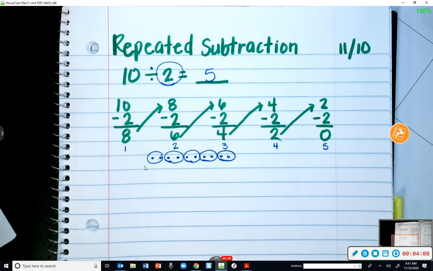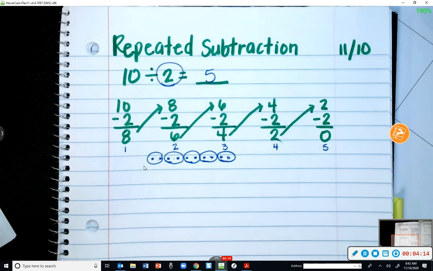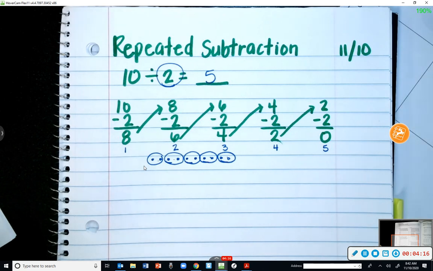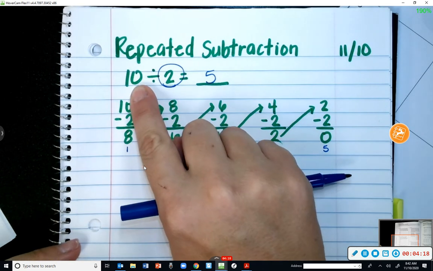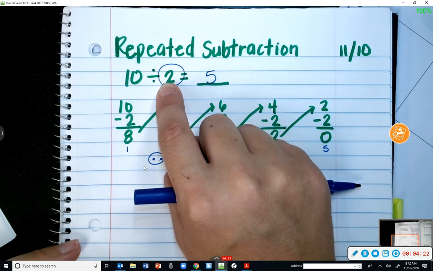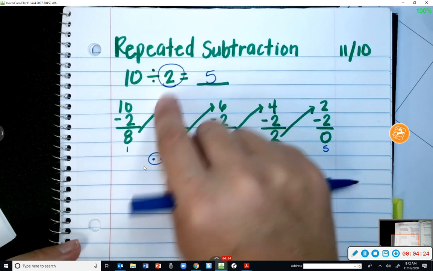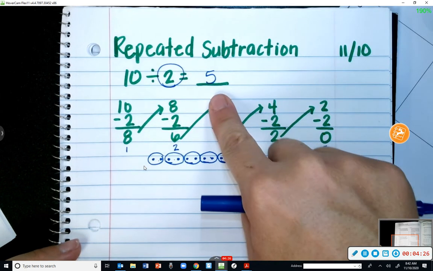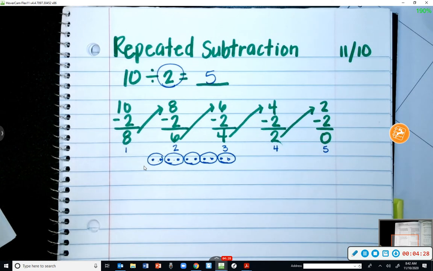If there's none left, you would end up with 0. So that's why we go to 0. Okay, so it's like you have 10 things and you're splitting it up between, let's just say, 2 people, and you want to keep splitting groups of 2 until you end up with none left. Okay? Alright, let's try another one.